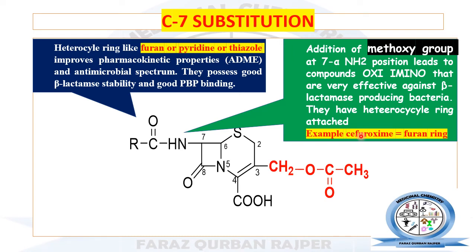Besides cefuroxime, there are other oxyamino derivatives as well, but here I have quoted only one example. Clear? So cefuroxime has the furan heterocyclic ring at this C7 acyl amino side chain. Besides the furan ring, it has the oxyamino methoxy functional group, and this will act as a steric shield, and due to this it is resistant toward the beta lactamase enzyme.